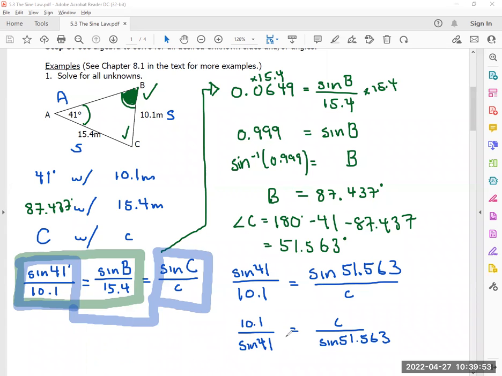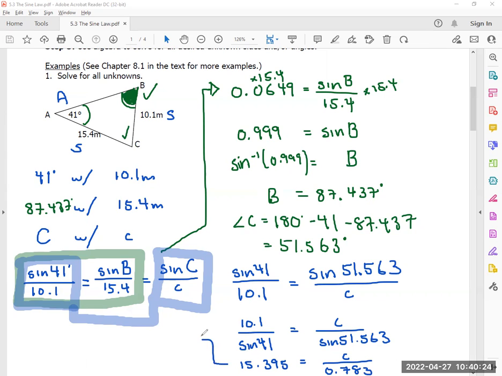10.1 divided by sine 41 is approximately 15.395. And then c divided by sine of 51.563 is approximately 0.783.